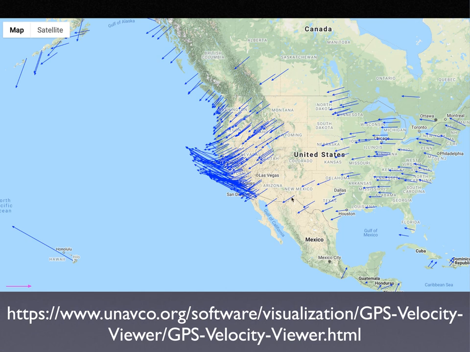And these little blue vectors indicate the direction of motion of some of these PBO GPS sites over that period of time, the average motion of those sites relative to the deeper mantle. So these days we are quite sure that the Earth's surface is in motion, and it helps us to understand the development of earthquakes and volcanoes and a number of other important geological phenomena.